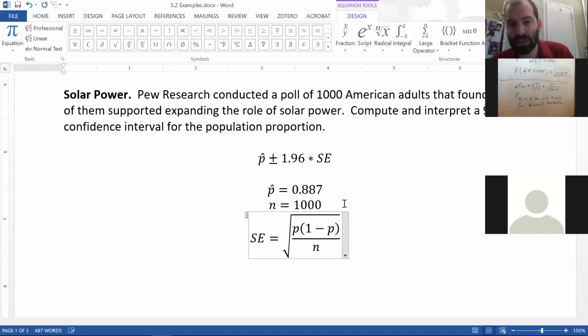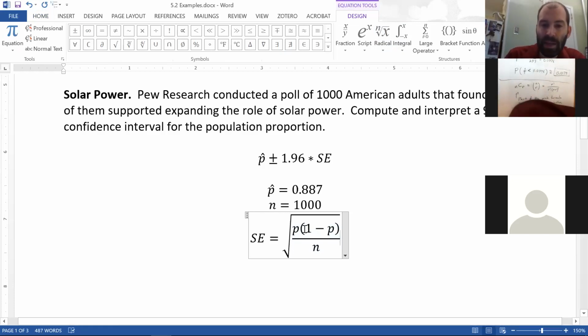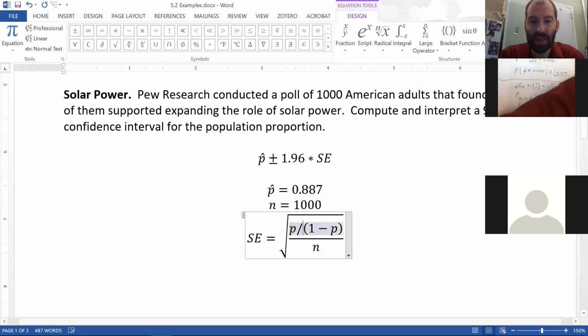Now we're going to make some adjustments here. P represents the true population proportion. We don't know that. That's actually what we're trying to estimate. So I mentioned before, either last class or the class before, that when we don't have that, we use the next best thing. If we don't have p, we use p hat.